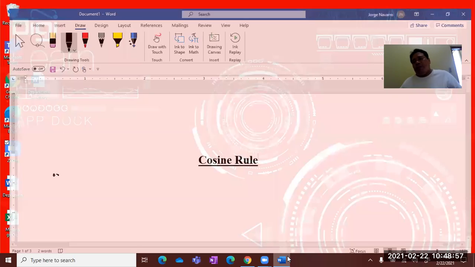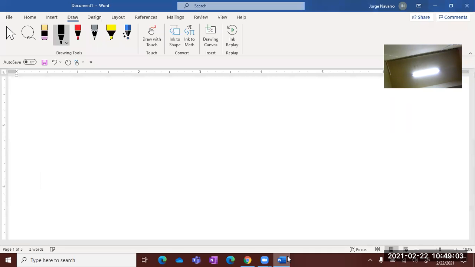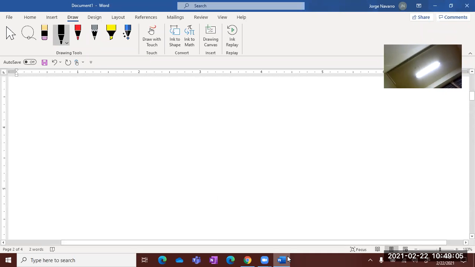All right, so let me begin. I'm going to be sharing my screen so that we are able to look. The first thing we need to know about the cosine rule is that it takes a proof, just like the sine rule. It's relatively lengthy, as I told you.